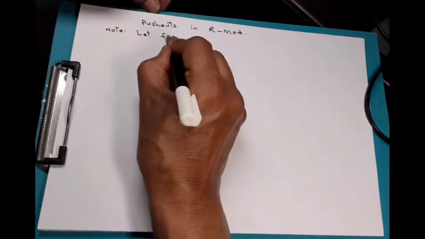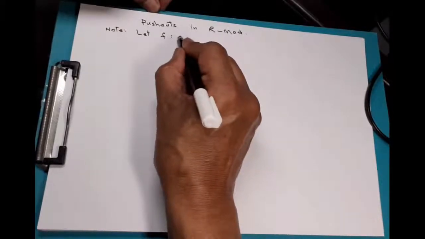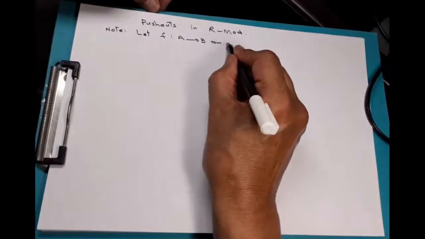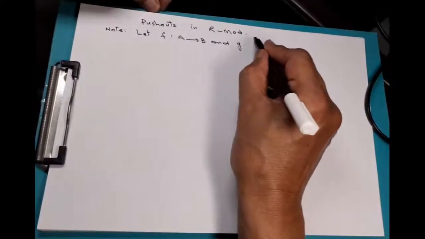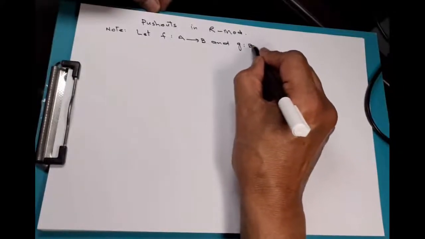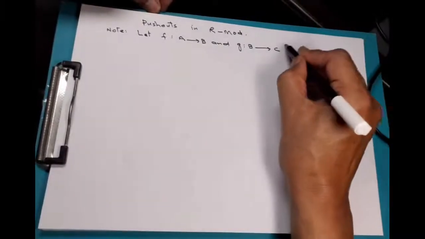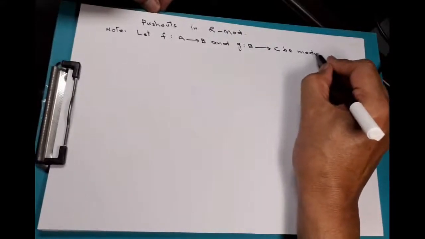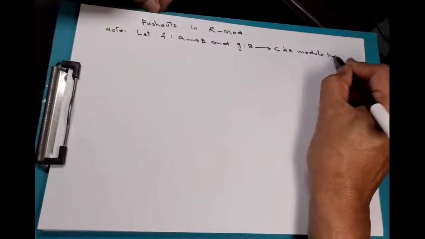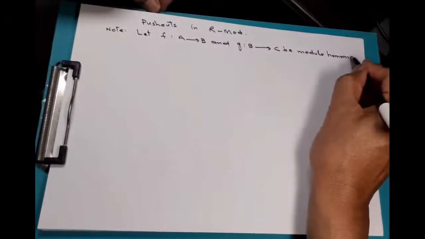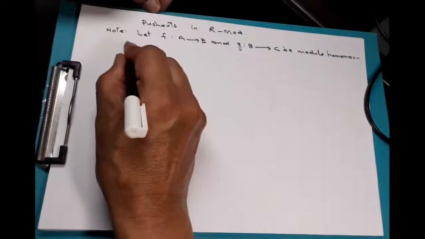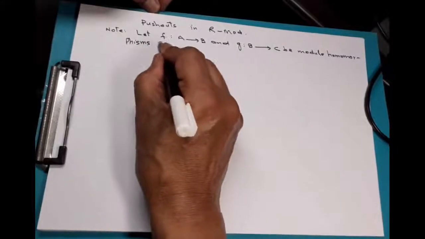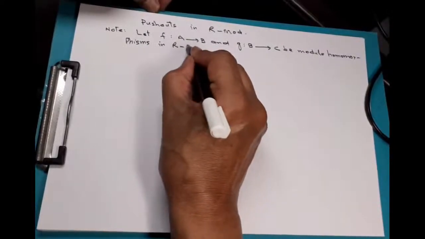Let F from A to B and G from B to C be module homomorphisms in the category R-Mod, the category of left R modules.